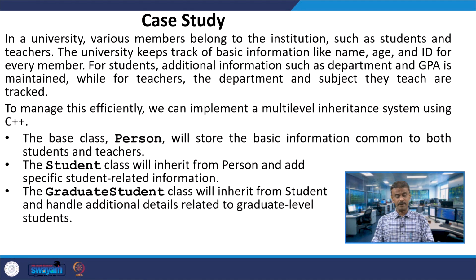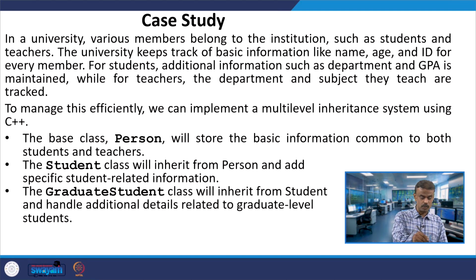Now, based on this multi-level inheritance, let us say ABC, we stick to ABC. You can go to whatever level you want. Let us consider this case study. In a university, various members belong to the institution. Overall, in the institution there will be students and teachers.